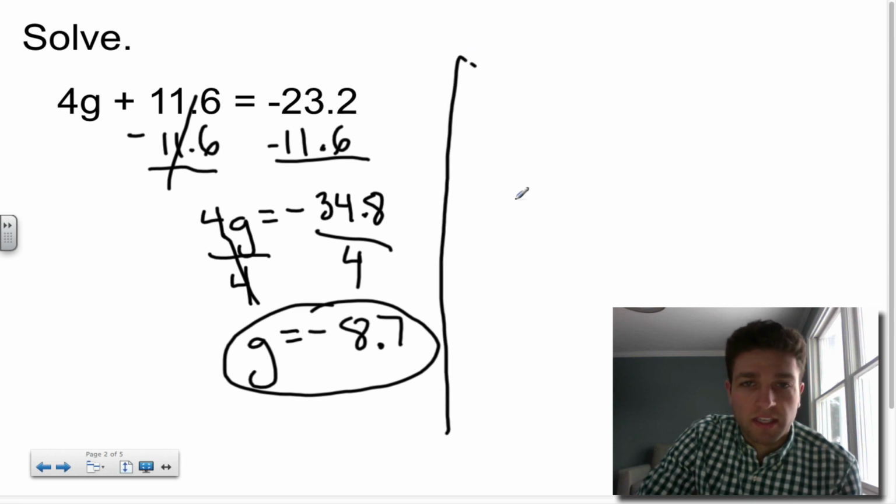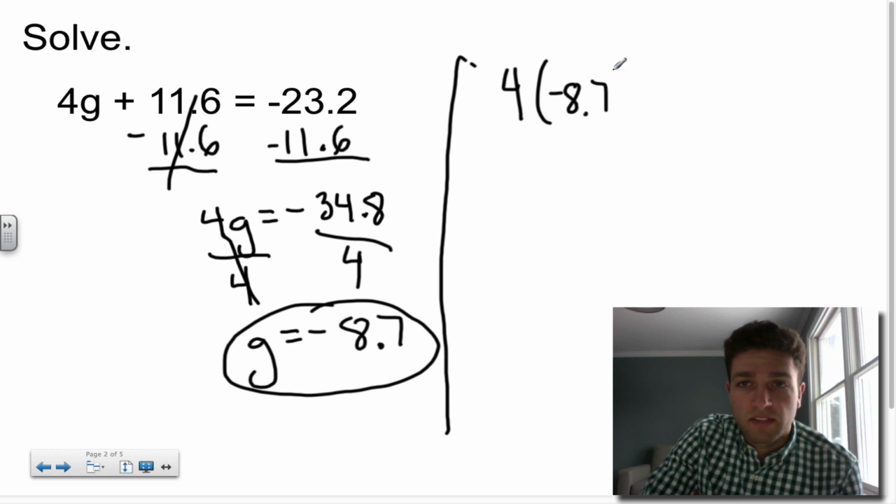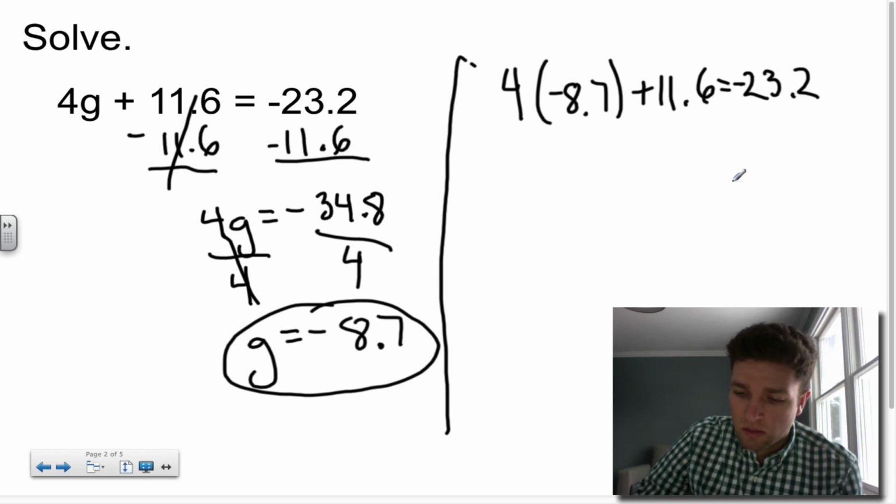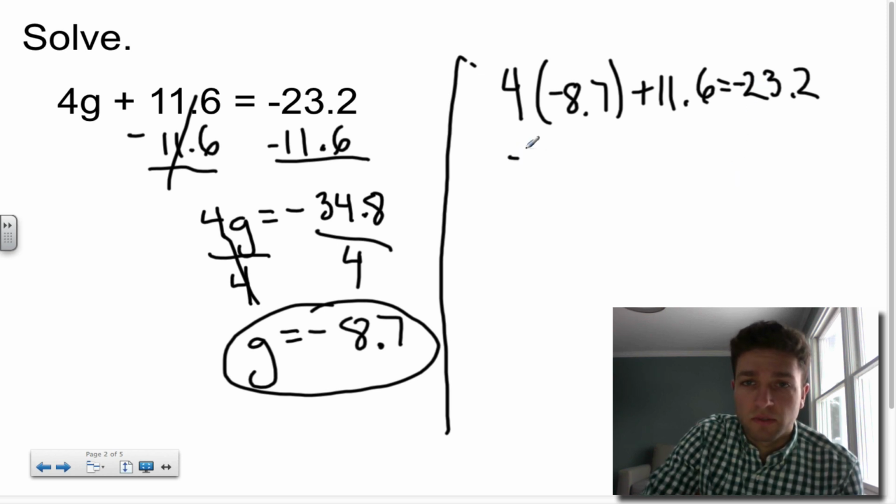For those of you who are checking your work, I'll do it quickly over here. I'm substituting for g, negative 8 and 7/10. And let's hope things check out. So multiplying this times 4 is negative 34 and 8/10.